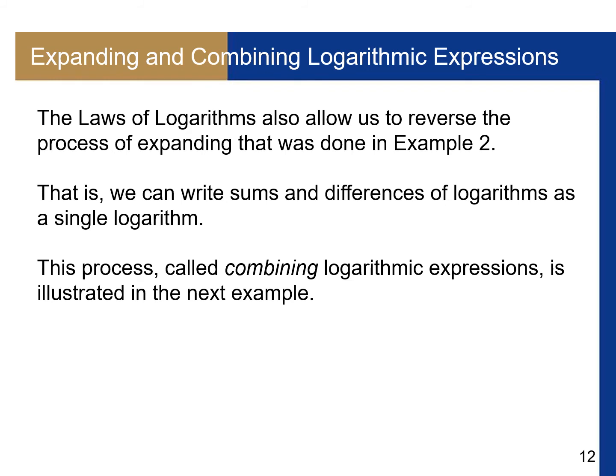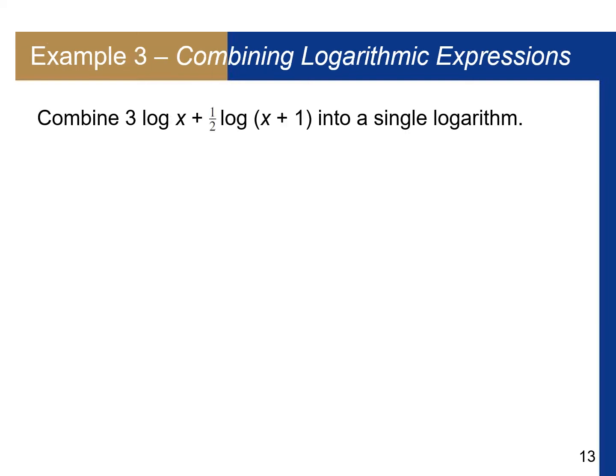So laws of logarithms also will allow us to go backwards. The process of expanding was done, so we can write the sums or differences as a single log. Here, if we take a look at this, we have the logs, and the one thing you want to check is that this is a common logarithm. How do I know that? Because I don't have a base written here, so that would tell me that this is a log base 10.